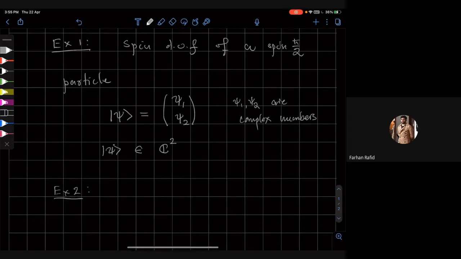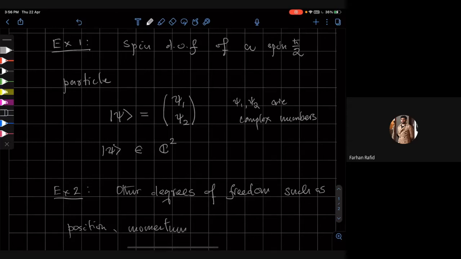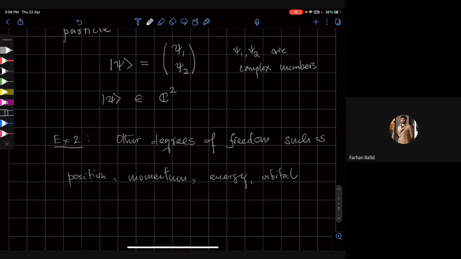Another example, so there are other degrees of freedom. And these are such as the position of a particle, the momentum of a particle, or the energy of a particle, or even the orbital angular momentum of a particle, which is different from spin, although they share a lot of similar properties, but they're intrinsically different.